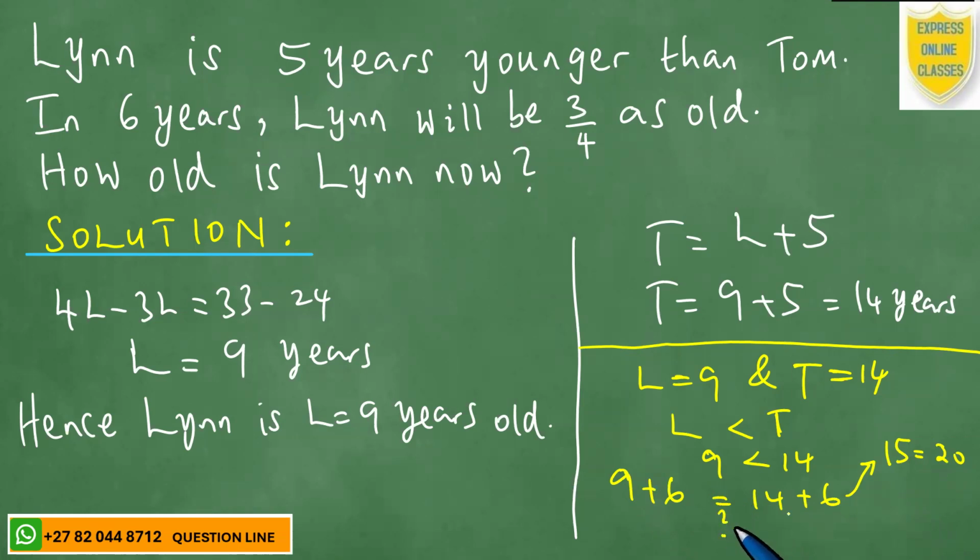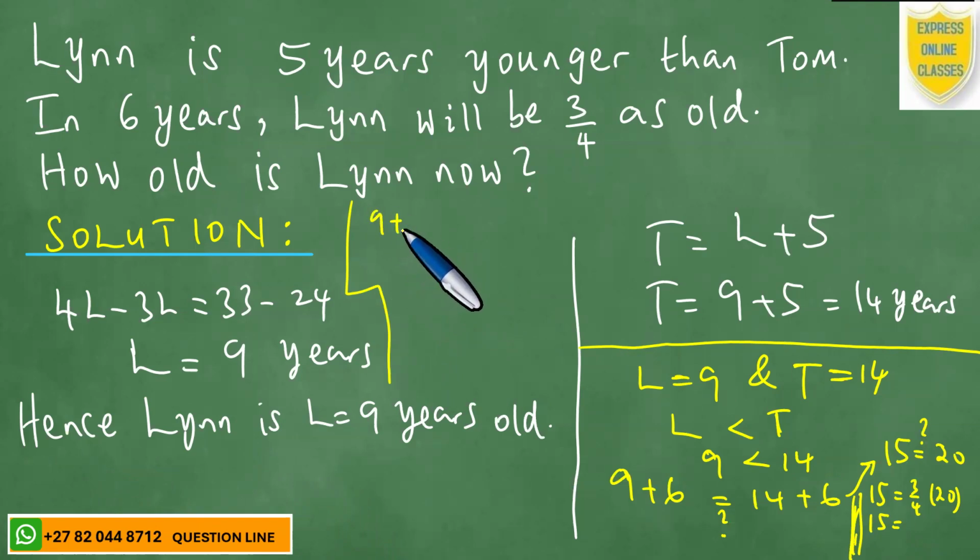We want these to be equal, so if you have 15, and you have 3/4 of 20, what is the answer? Let's play with it over here.